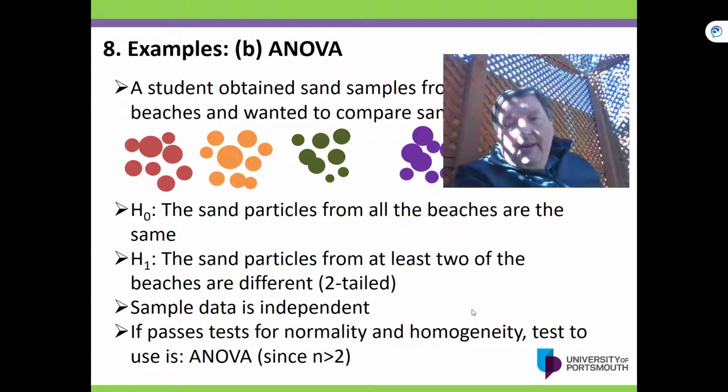Assuming the data in all those groups is normally distributed and there's a similar spread in all those groups, then you can proceed to the ANOVA. If it fails one of those tests, then you'd have to do the non-parametric version, and so you would use a Kruskal-Wallis, which is a non-parametric version of the ANOVA.